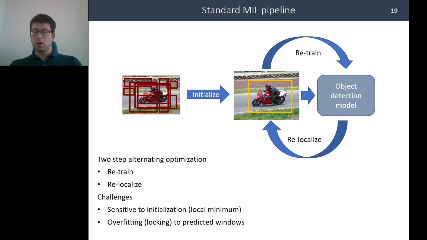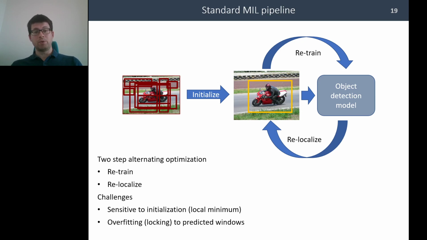And so the challenges we have here: when the initialization is, for example, that yellow box, it might be noisy, might be wrong. When we initialize with a wrong bounding box, our method may converge to a local minimum.